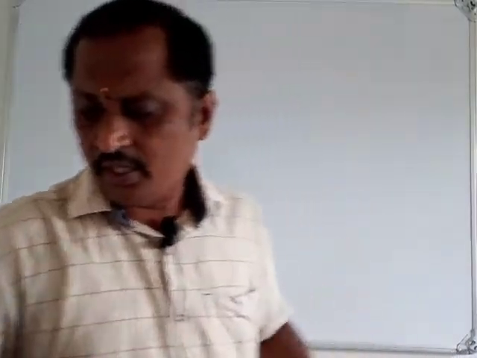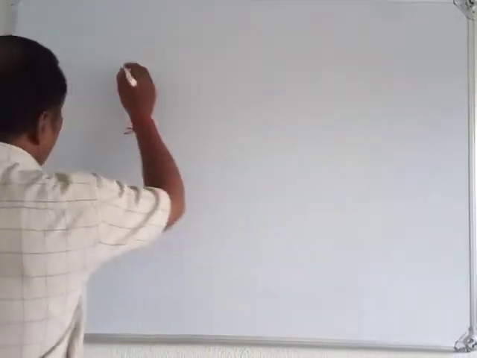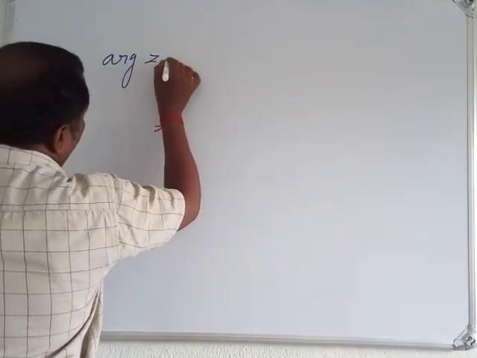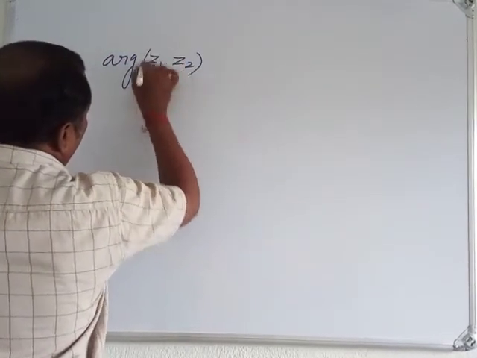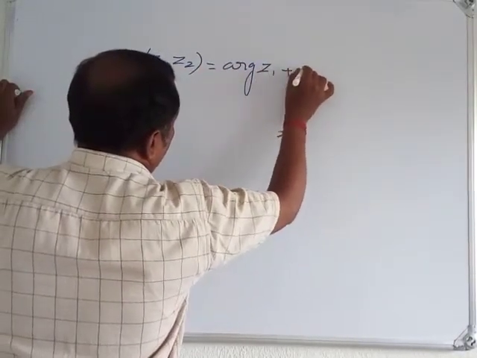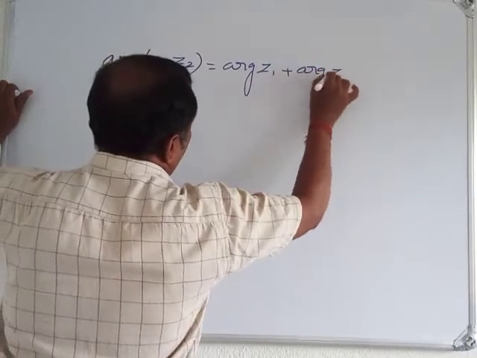Next, some properties of arguments. What are the properties in arguments, sir? Argument of z1 into z2 is equal to argument of z1 plus argument of z2.